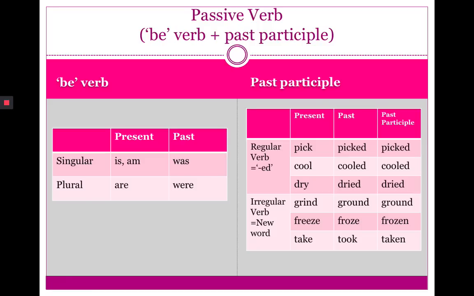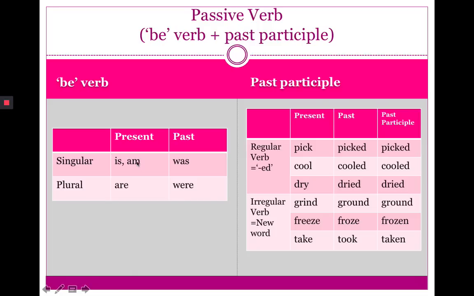Are you still following? I hope you do. The be verb consists of is, are, am, was, or were.